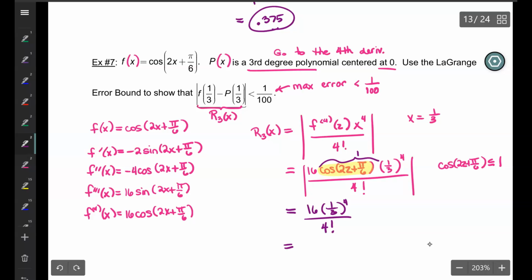That's already positive. And when I calculate that, I get about 0.00034294.